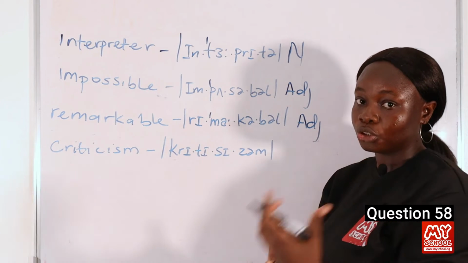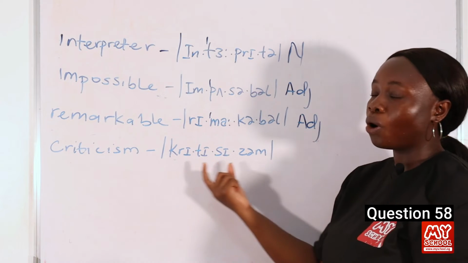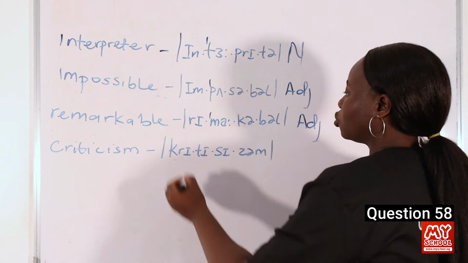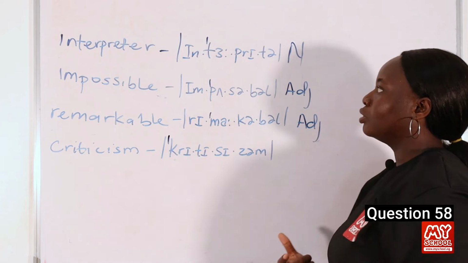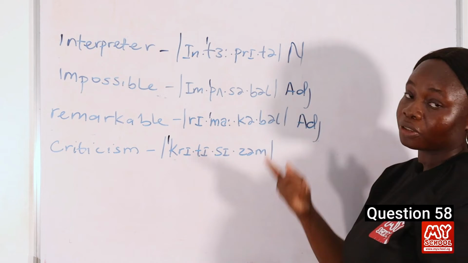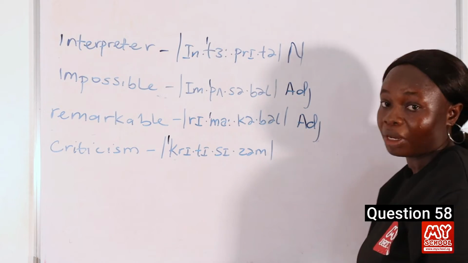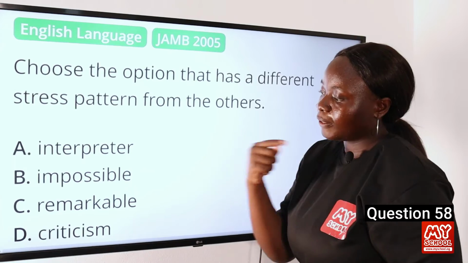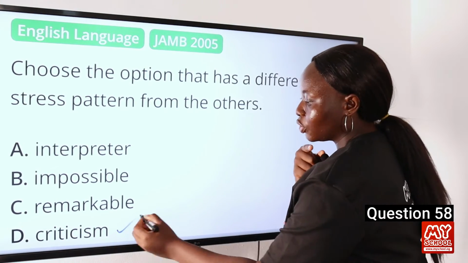So we revert back to the normal rule when all of the syllables have a weak vowel in them. So the stress is on the first syllable in this case. This is why the word criticism has a different stress from the rest of them. Let's go back to the screen to mark our answer. Since criticism has the stress on the first syllable, our answer to this question is option D, criticism.